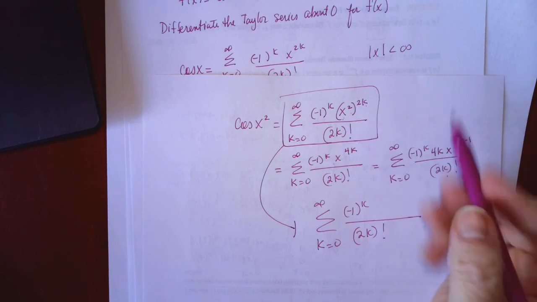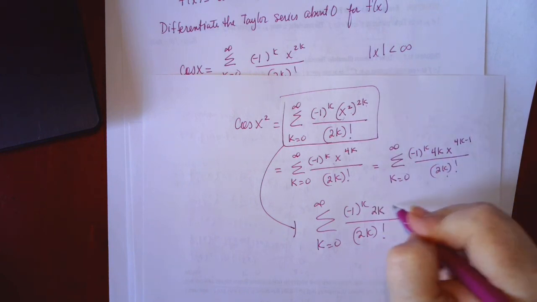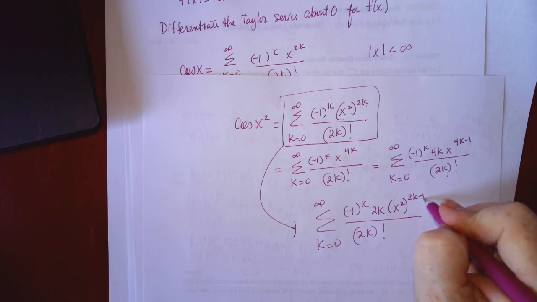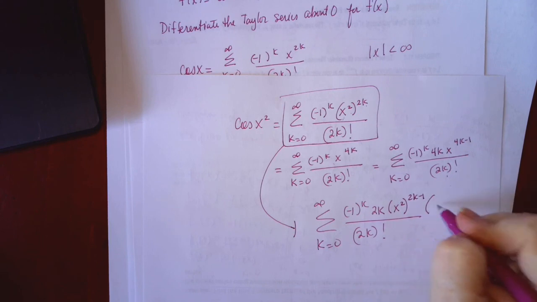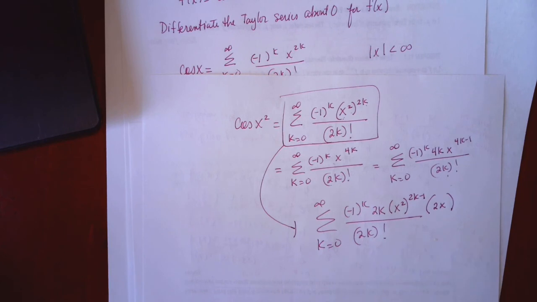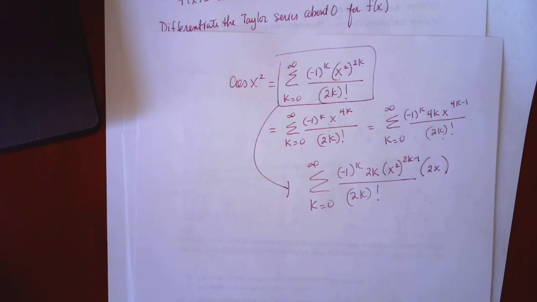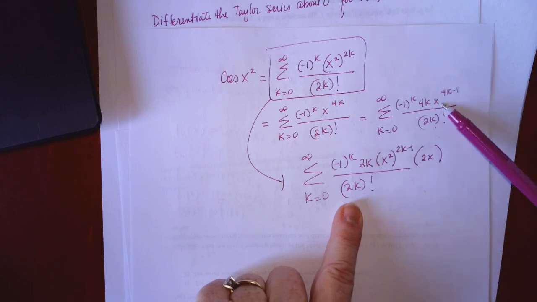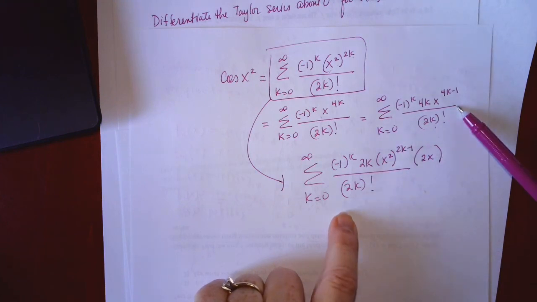The derivative of x squared to the 2k would be 2k times x squared to the 2k minus 1 times 2x. See how this looks a bit easier to simplify than this one? Are y'all still hanging in there?